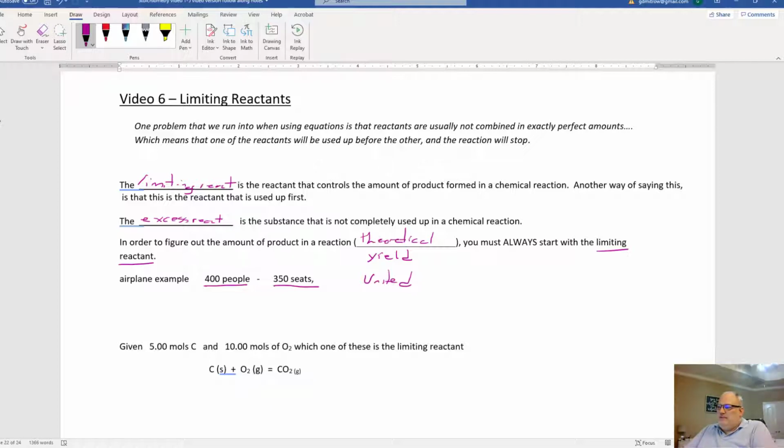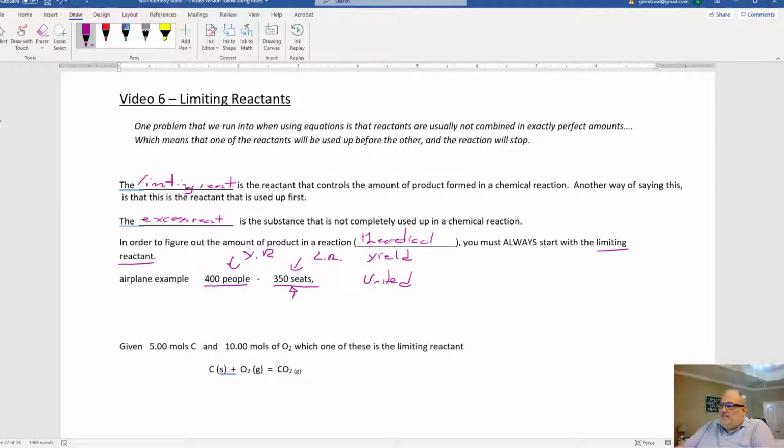In this example, there's only 350 seats, right? So guess how many people are getting on the plane? Only 350, right? So even though we have excess people, we have a limited amount of seats. So in this case, the seats would be my limiting reactant. I'm going to abbreviate that as LR, and the people would be my excess reactant.